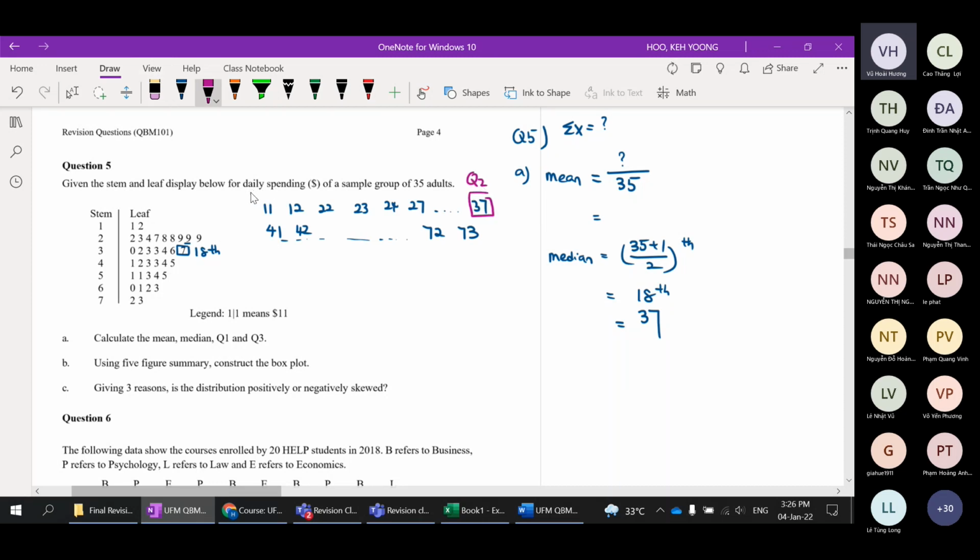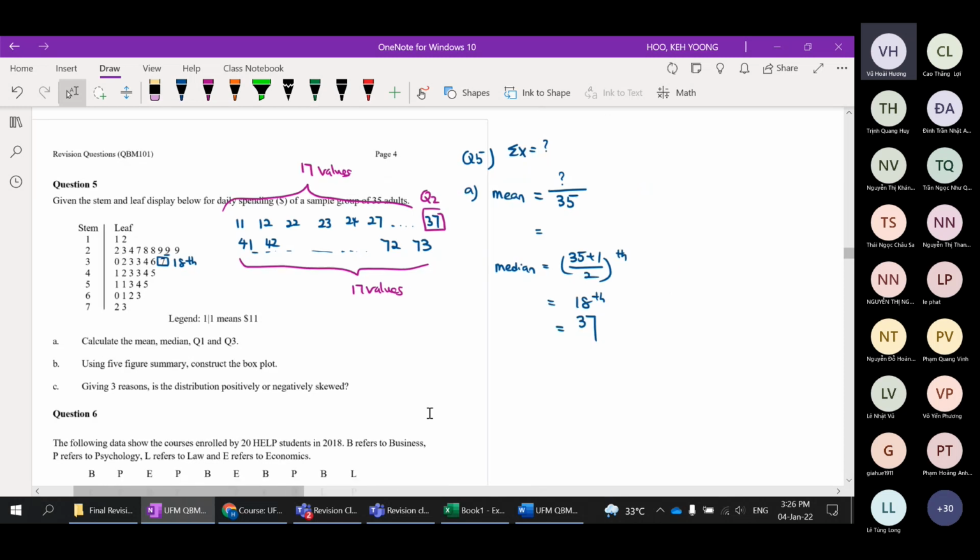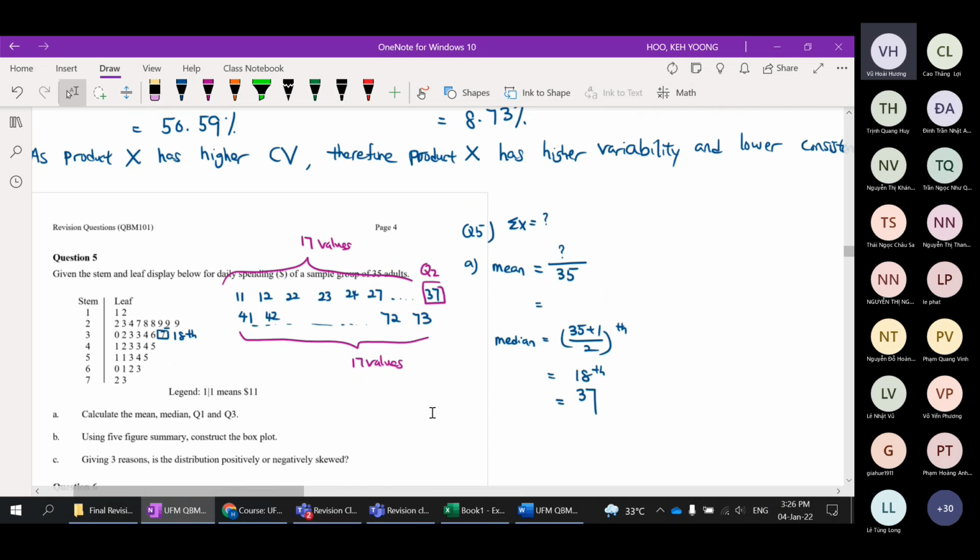Before the median, there are 17 values, and there are also 17 values after the median. To find your Q1, Q1 will be the middle value of the first 17 values.